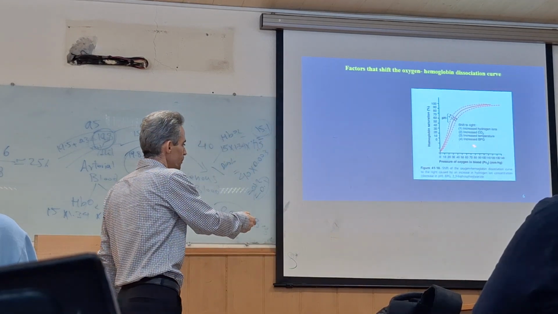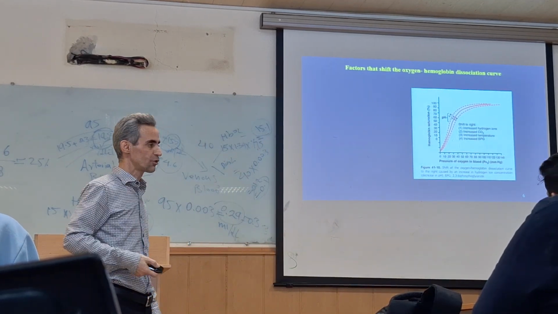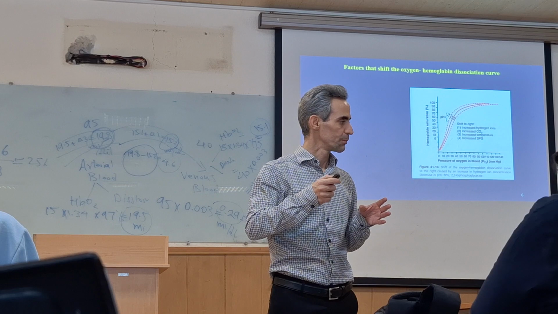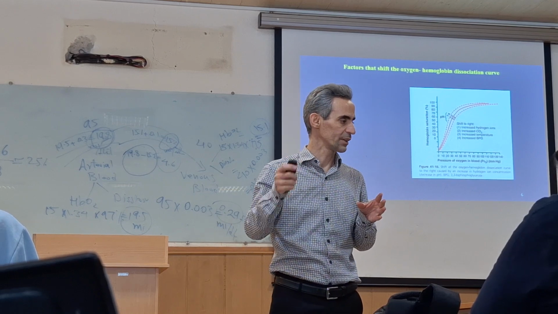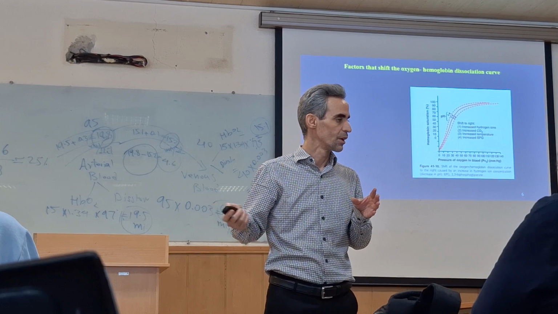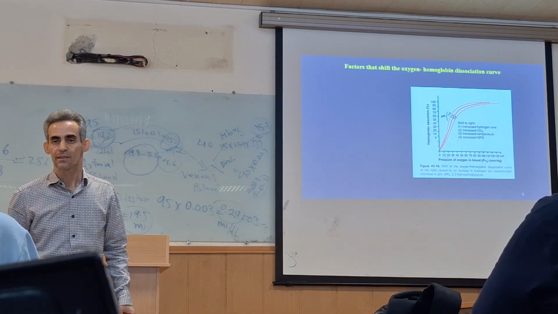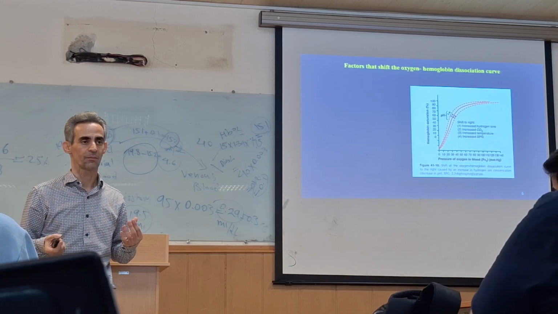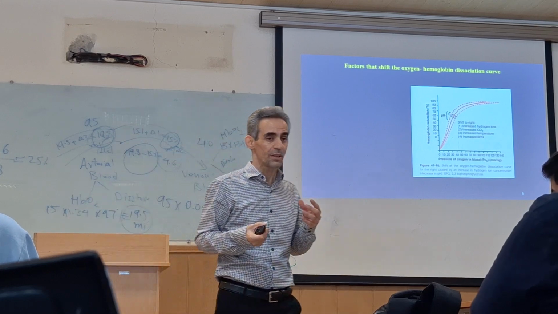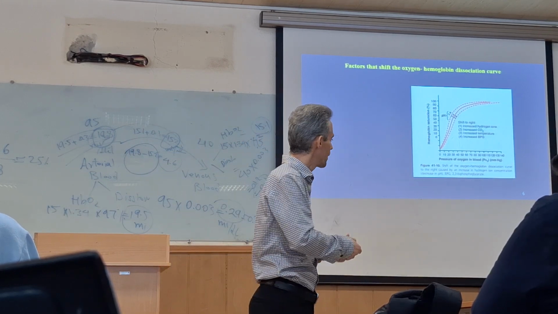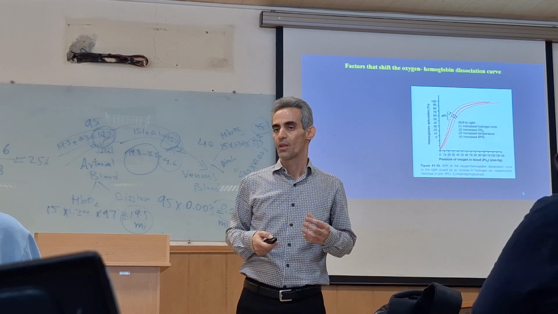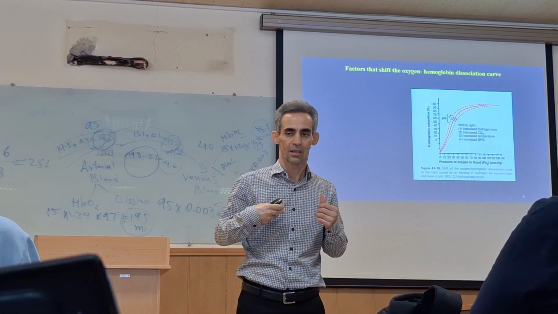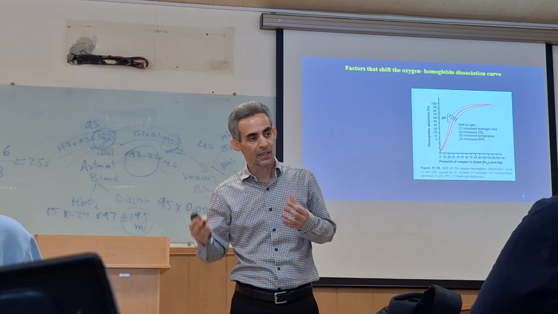Similar to this, hydrogen ion, temperature, and the specific metabolite 2,3-bisphosphoglycerate all want to decrease the affinity of hemoglobin to oxygen. When these factors increase, it leads to low affinity of the hemoglobin and leads to the right shift.